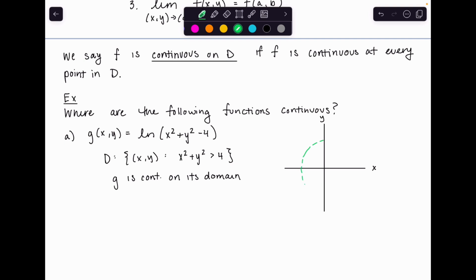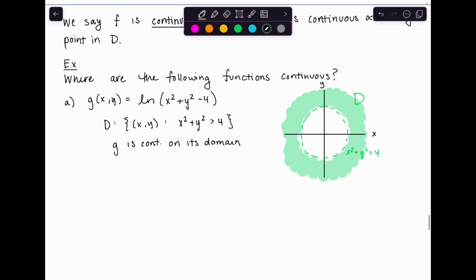So here is our circle. Cannot equal points on that boundary. So this is x squared plus y squared equals 4, because that will give us a natural log of 0. Because this is saying I can take all x squared plus y squared that's greater than 4. That would be anything outside. So this is the domain D.